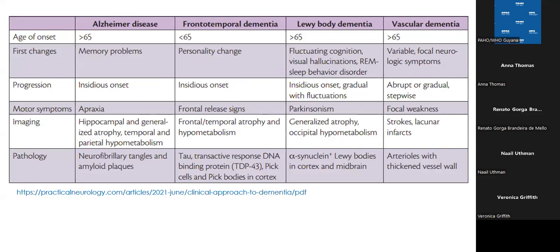So here we have some tips to distinguish between differentials, but it is less important than the syndromic diagnosis because treatment usually doesn't change depending on the differential diagnosis.